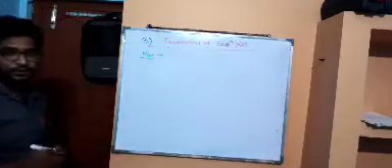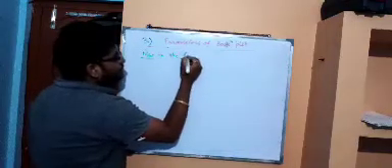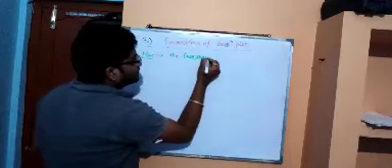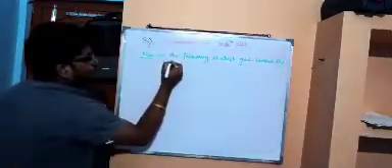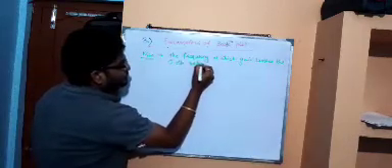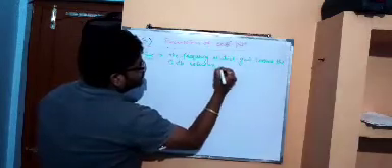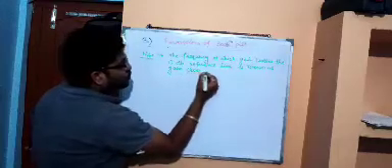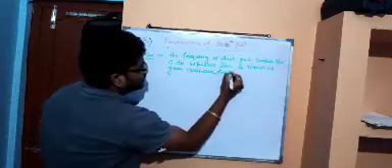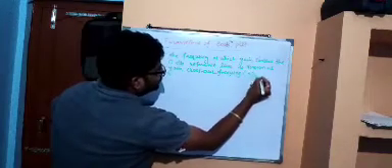The definition of this thing is the frequency at which the gain crosses the 0 dB reference line is known as gain crossover frequency, and denoted by W of GC.